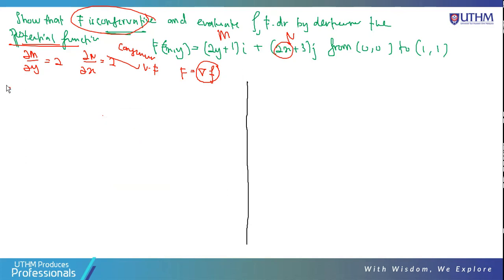Okay, so the first step, you need this x component, so you have to differentiate backwards until we get partial f partial x.